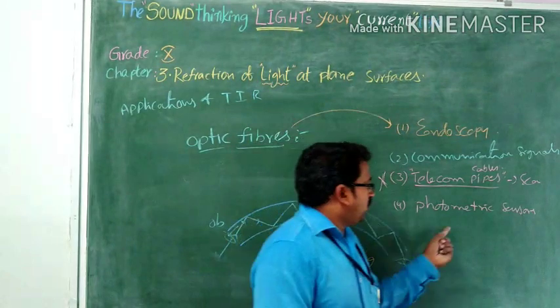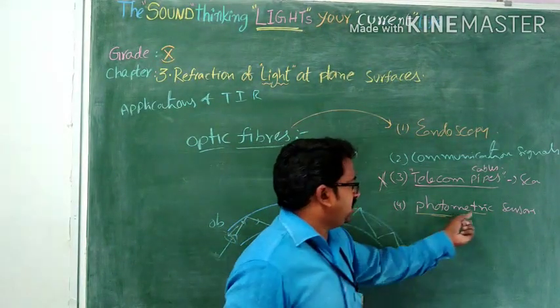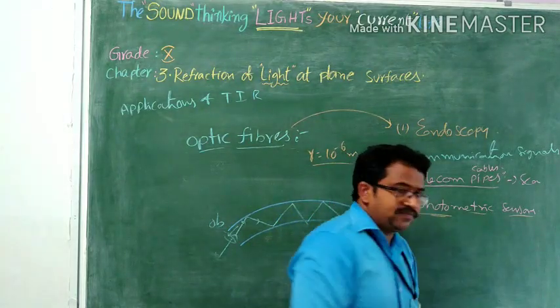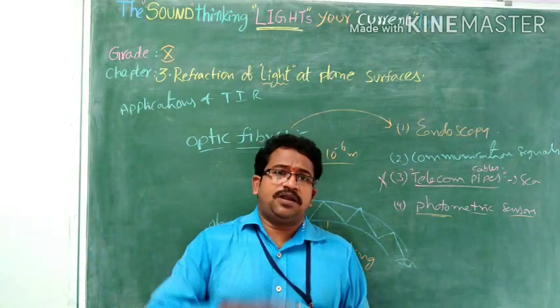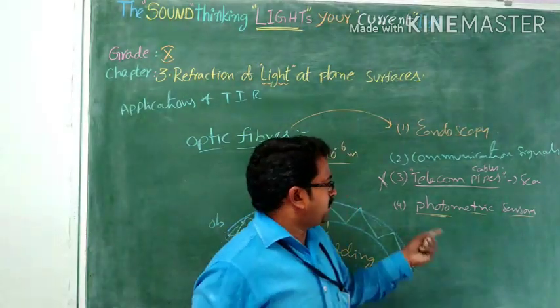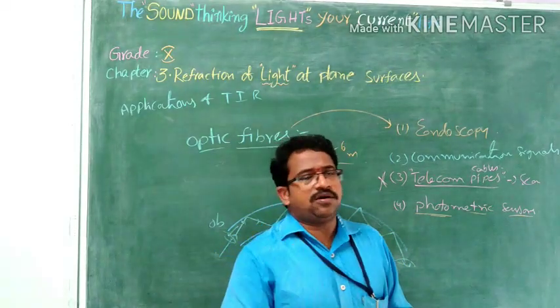Okay, those are photometric sensors. Photon is light, measurement. We are measuring the light and we get the sense of the heartbeat, the functioning of the heart and the functioning of the brain. Most probably photometric sensors are used to identify the pulse rate, nothing but heartbeat.